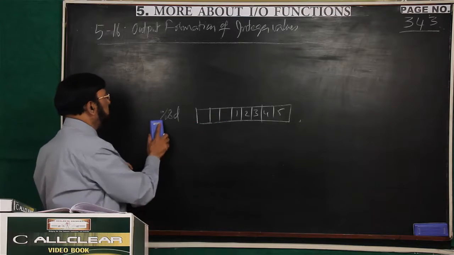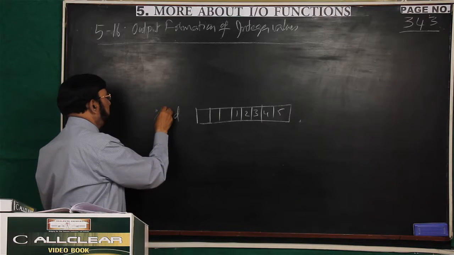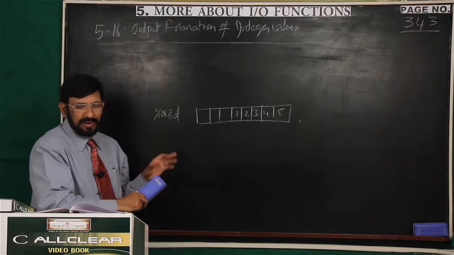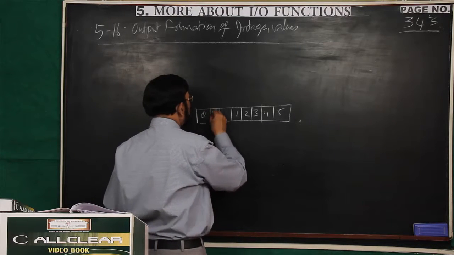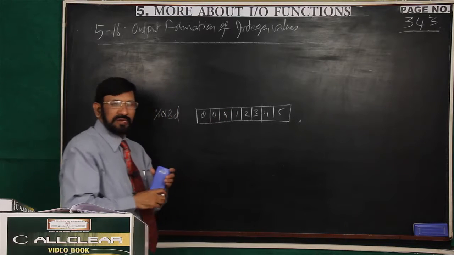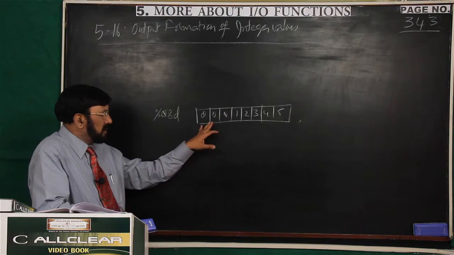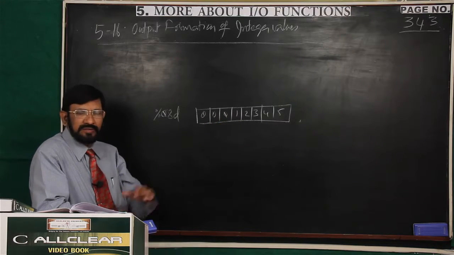If you want to fill these leading spaces with zeros, one technique is there. What is that? You write 0 here, then all these are printed with zeros. Suppose for the sake of security in financial accounting and all that, this type of measure they follow, because somebody should not tamper with this number.